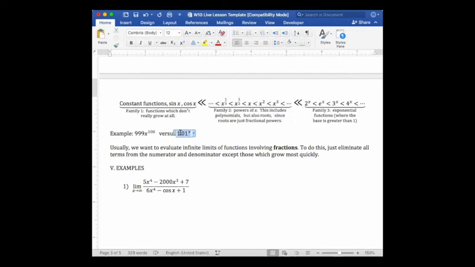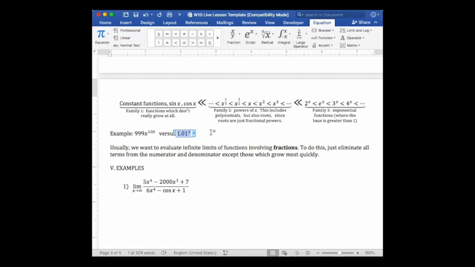Eventually, this thing will catch up. It will take a long time. Like you might have to go out to x equals 1,000 or 1,000,000 or something. I don't know. But eventually, this one will catch up. And not only will it start beating this other one, it will smash it into the dust.